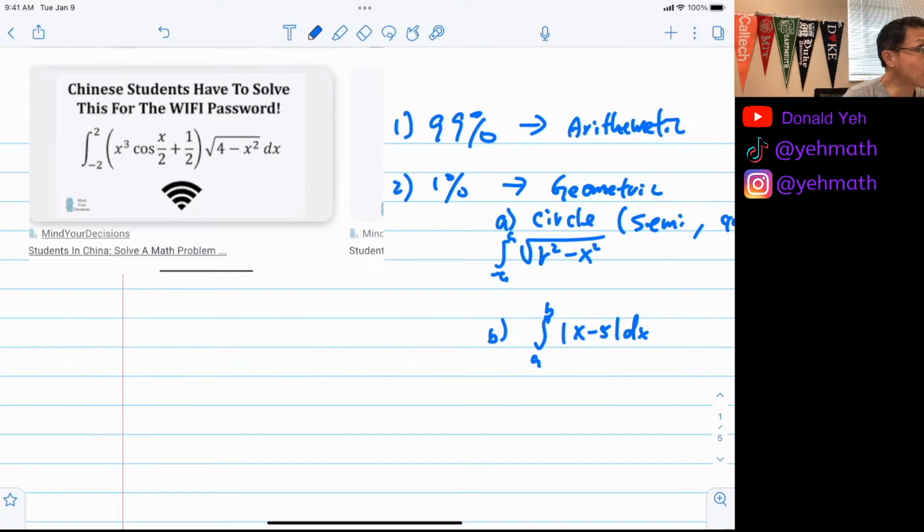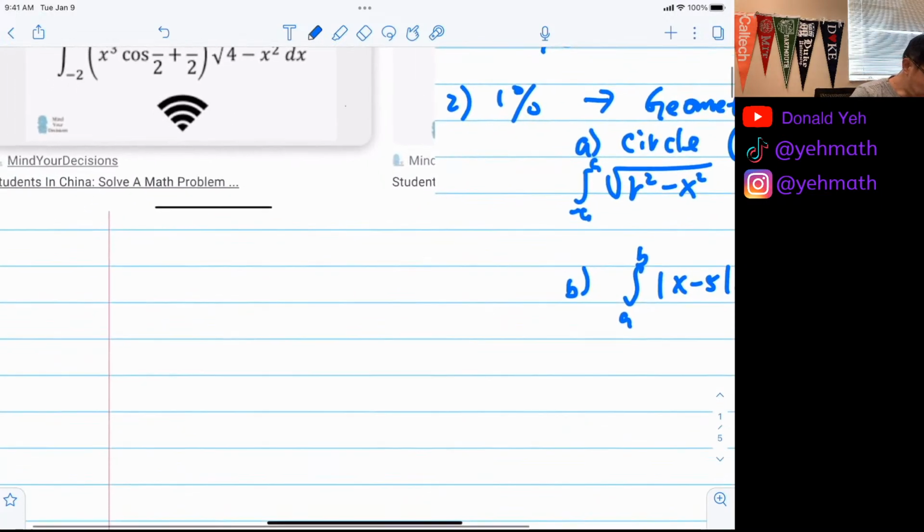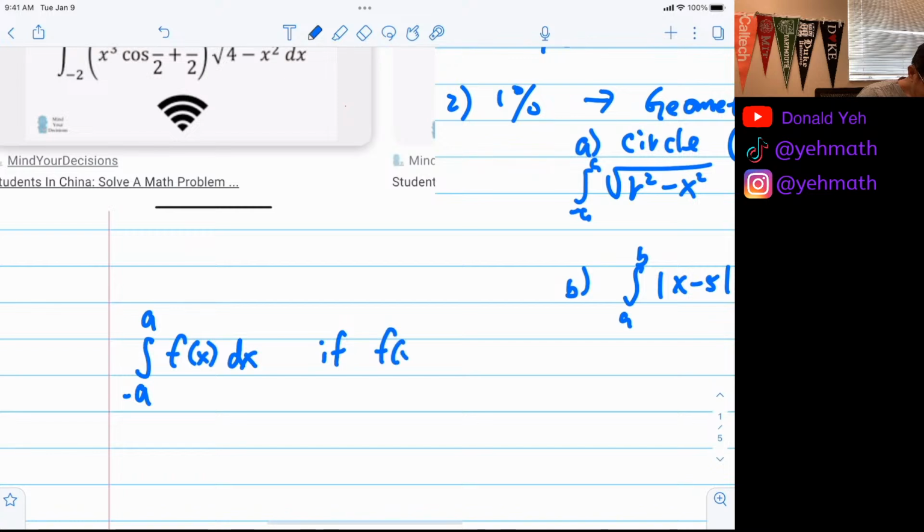But before that, let's talk about two more properties. The integration from negative a to a of f of x dx, if f of x is an odd function.